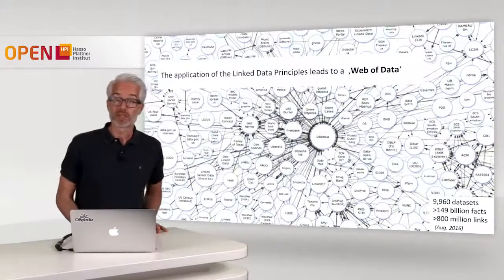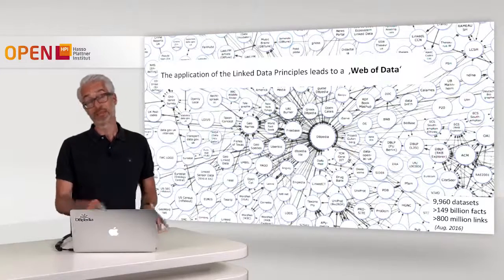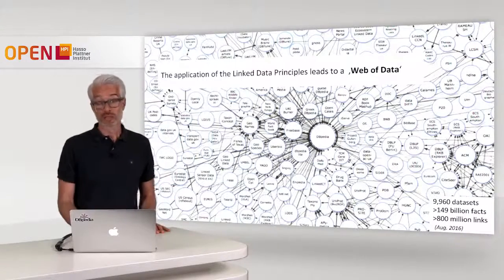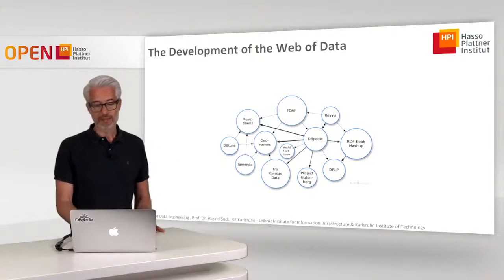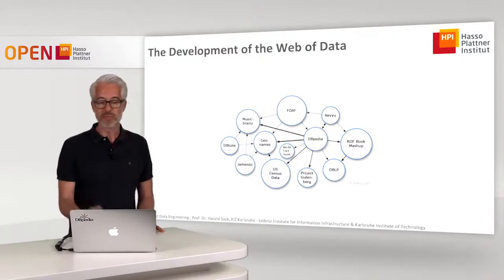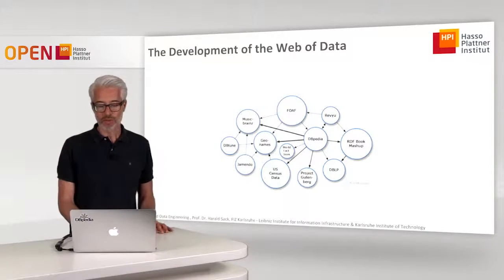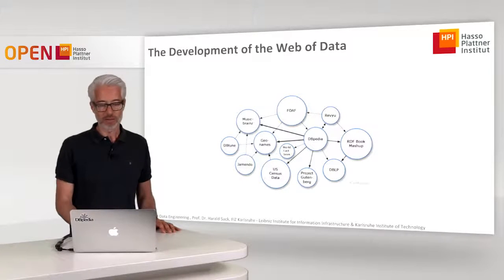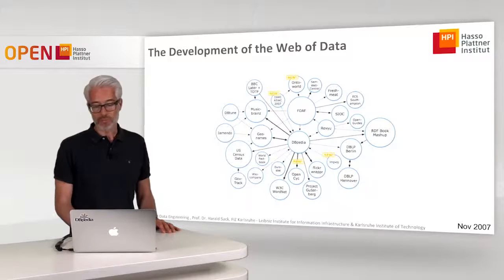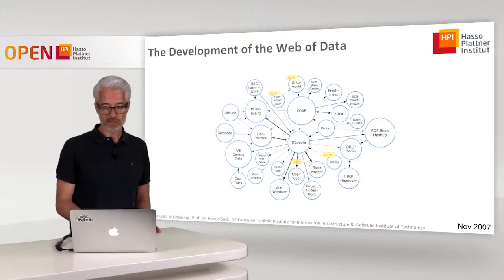And by the application of the linked data principles, we come up with a so-called web of data. So this is this huge cloud that we have seen. This all started about 2007 with a few data sets, as you see here, all centered around DBpedia, which we have already learned of. And there was also data from the US Census, for example, or FOAF data, which is person network data, or MusicBrainz, which is data about music and stuff like that. And this quickly developed. You see already at the end of 2007, lots of new data sets have become part of the linked data cloud.